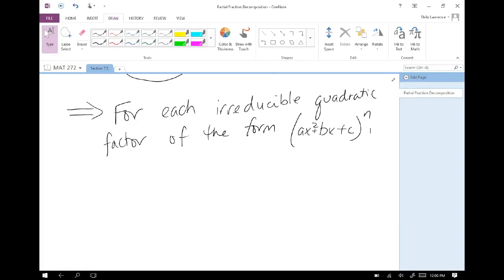In case it ever happens, we need to know what to do with it. So for each irreducible quadratic factor of the form ax squared plus bx plus c to the n, include the following fractions in your partial fraction decomposition.